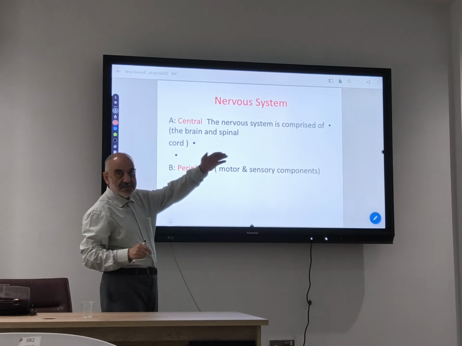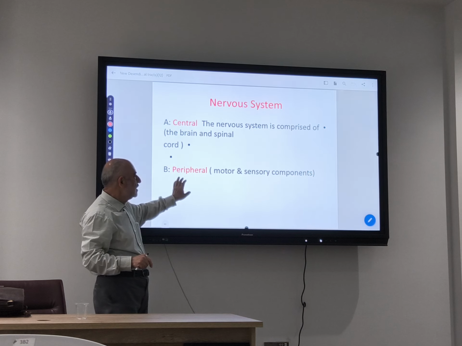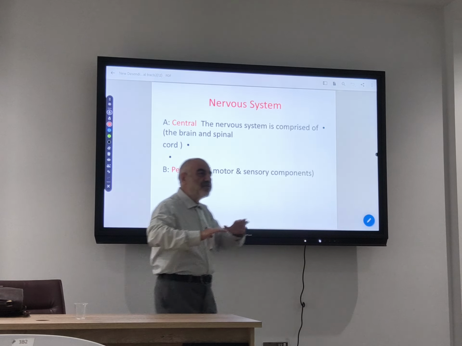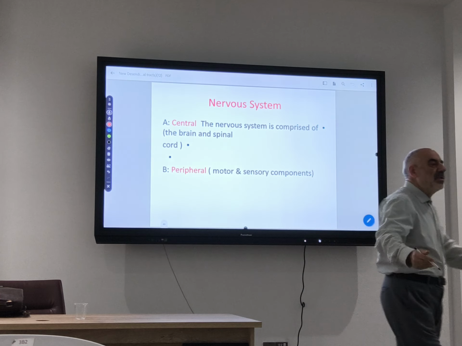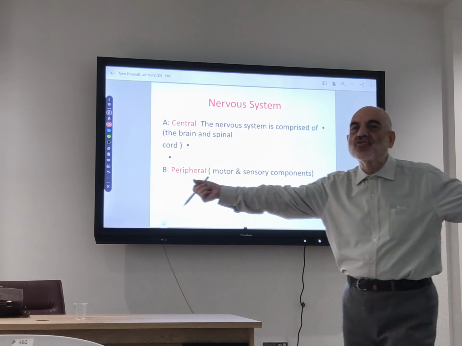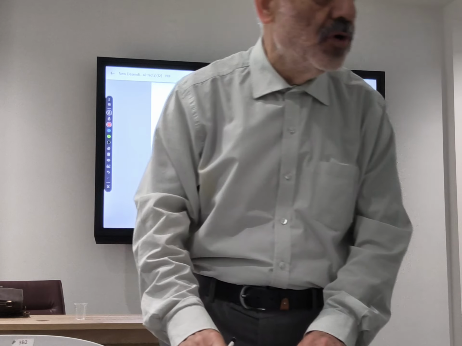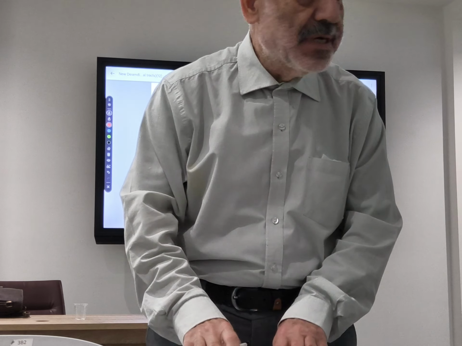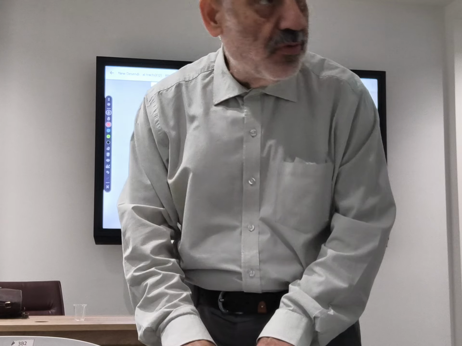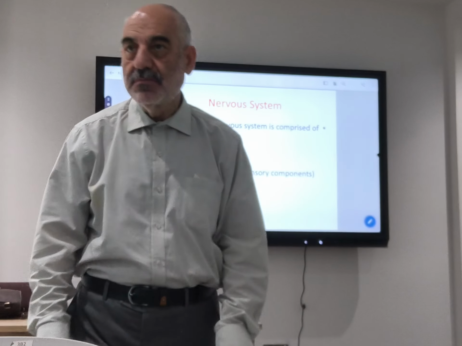And also you have the central nervous system, brain and spinal cord, and the peripheral nervous system. When we talk about the peripheral, please remember the roots. Peripheral means roots. And please remember the plexus, lumbar and lumbosacral, for peripheral nerves.